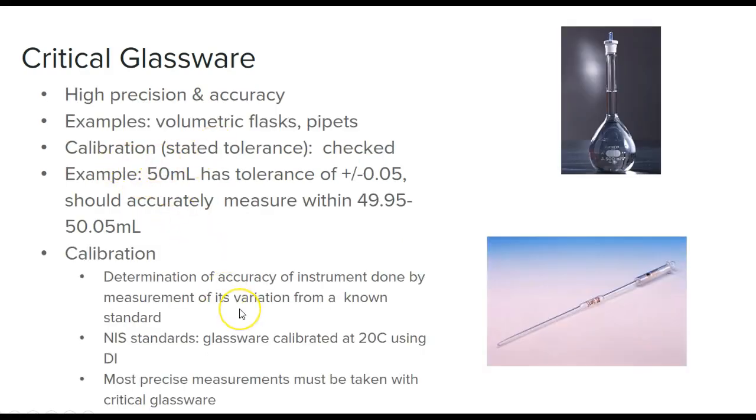On an instrument, we have a known sample, let's say our calibrator is supposed to have 50 milligrams of glucose in it. Then we run that on our instrument and make sure that we get 50, or plus or minus a little bit away from it.